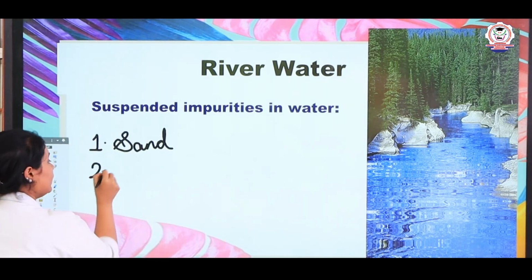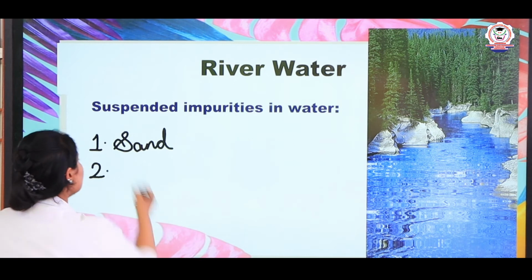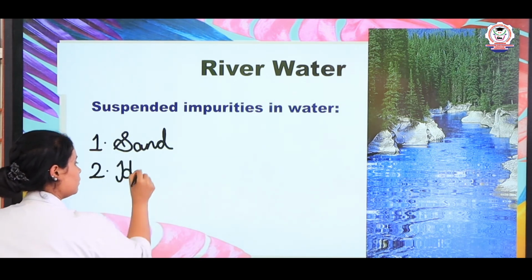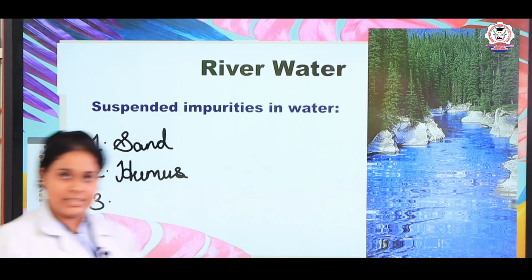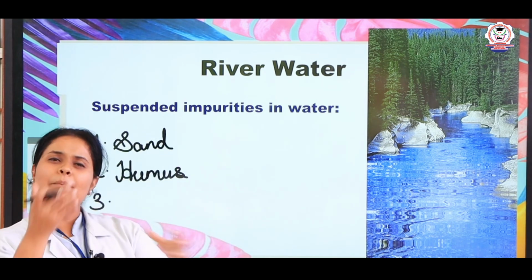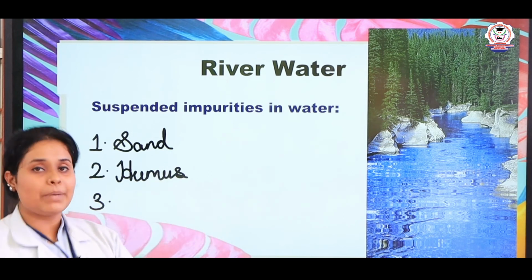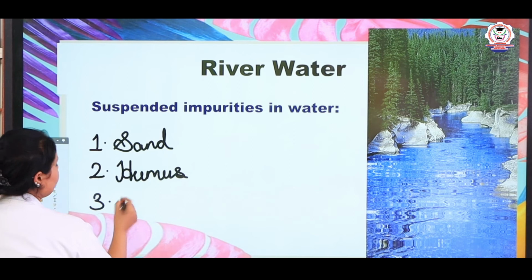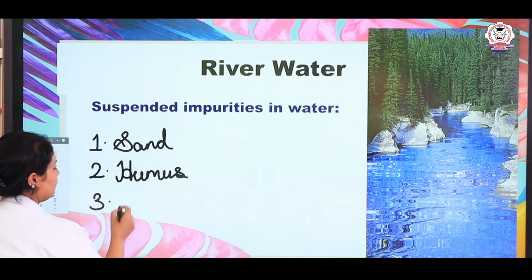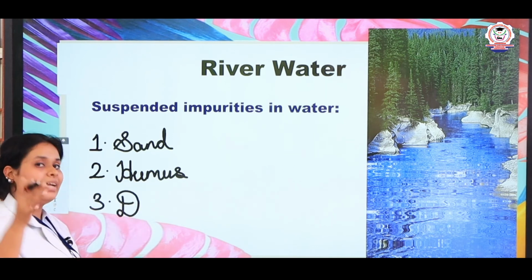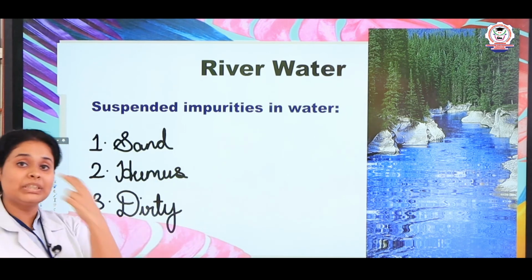Then the second one here, due to the presence of different bacteria or dead or decayed animals, which is also known as humus. And the third one is due to the presence of bacteria, which I told you, and therefore small particles which do not mix up and which are not useful or required by human beings. You can get diseases also through that. Okay. So it is called dirty or drainage water. So these are the main suspended impurities which are visible.